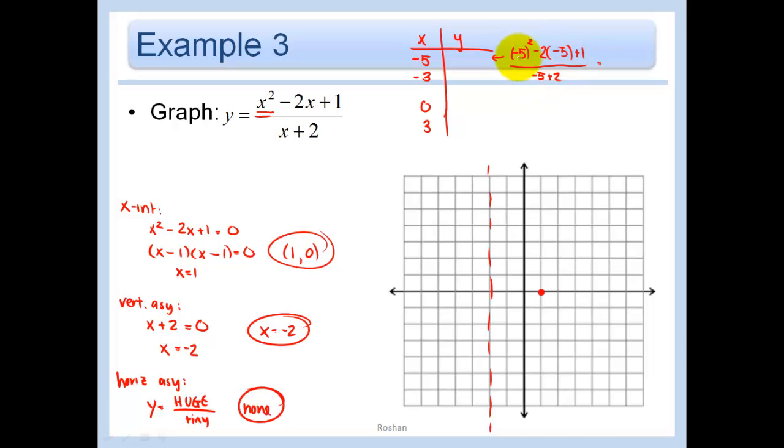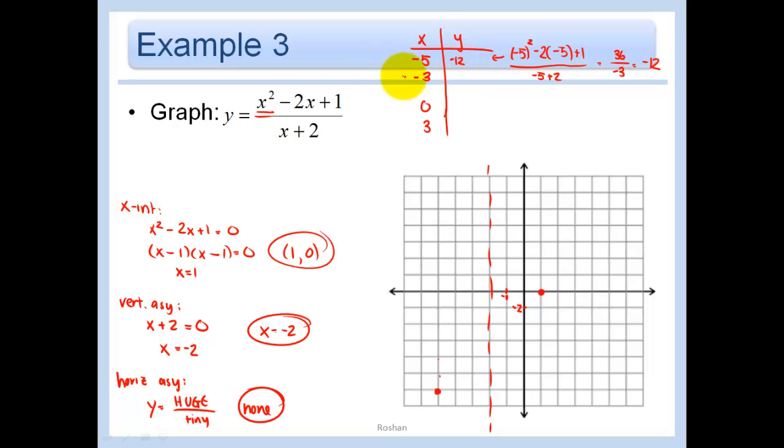In other words, 25 plus 10 is 35, plus 1 is 36, over -3, which is -12. So I'm going to scale this. So this is -2. But I'm going to keep this scale, so that's just -1. So -1, 2, 3, 4, 5, and 2, 4, 6, 8, 10, 12.